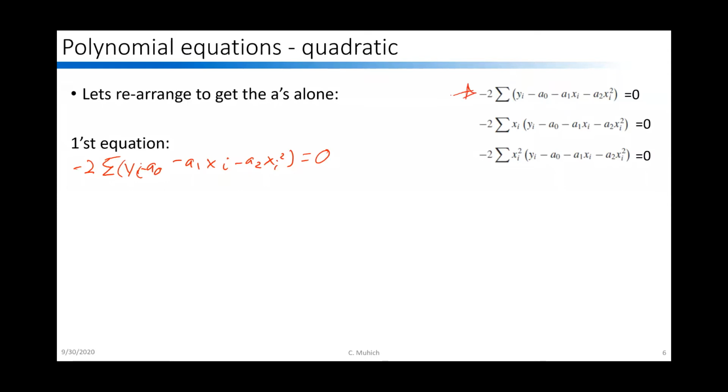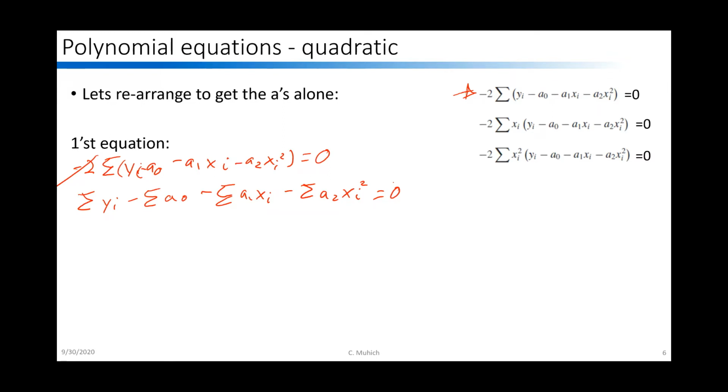We can first divide by 2 because that's just a constant, and then we're left with this equation within the sum. Because I don't have any multiplication, I can take each of my summations separately. So I get a sum of yi, a sum of A naught, minus a sum of A1 xi, minus a sum of A2 xi squared, and that all equals 0.